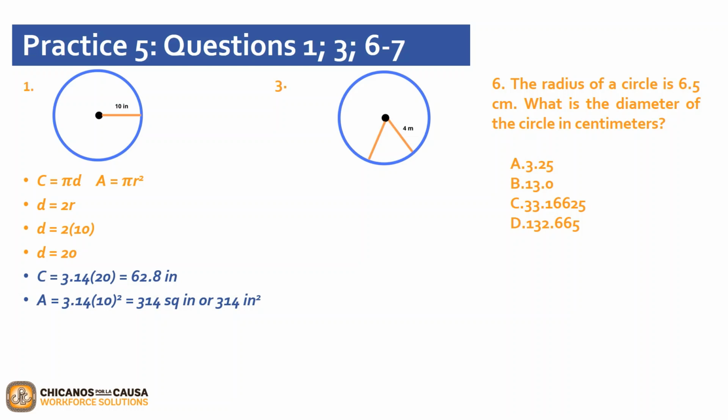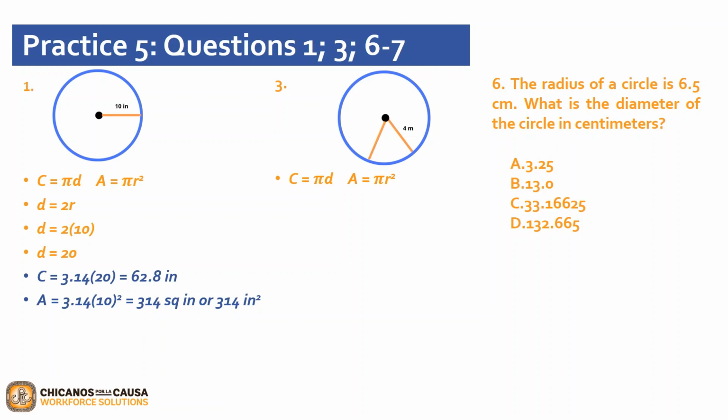Let's now move on to question 3. For question 3, same thing. We're going to find the circumference, which is pi times d, and the area, which is pi times r squared. Once again, it looks like we were not given a diameter, but we were given a radius.